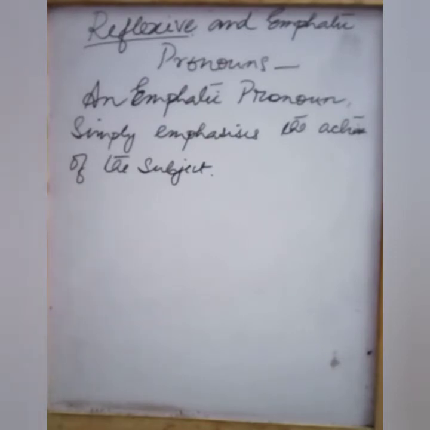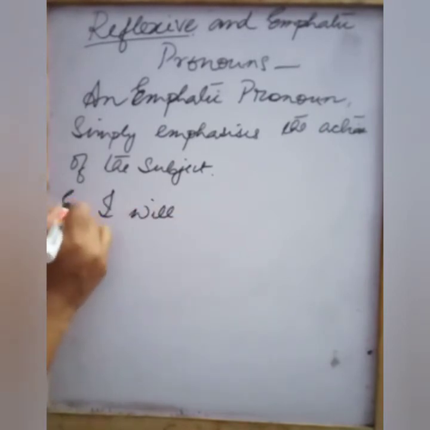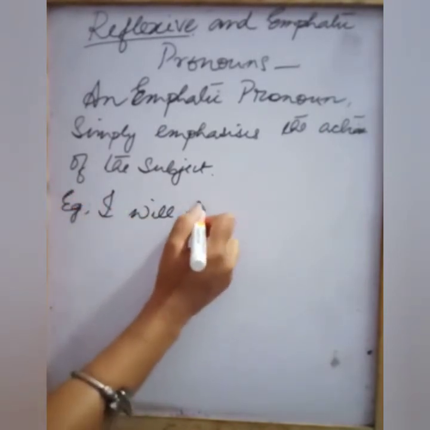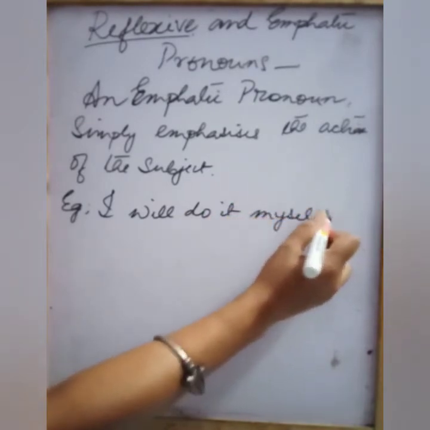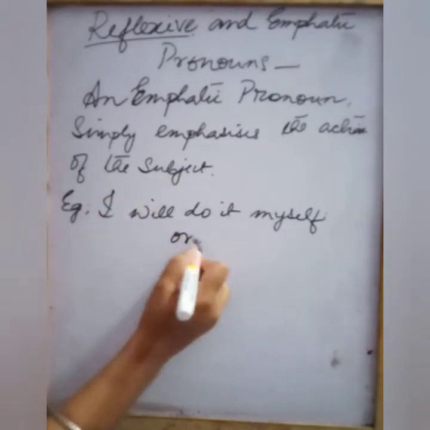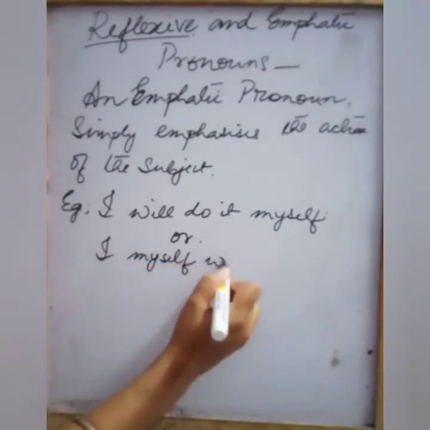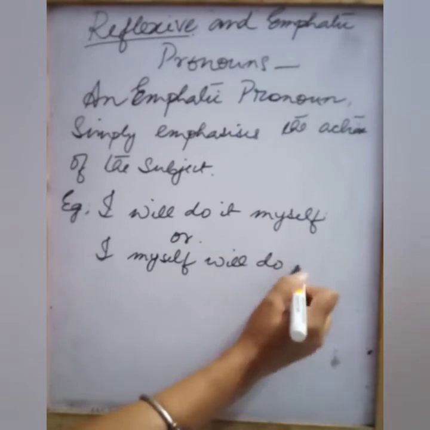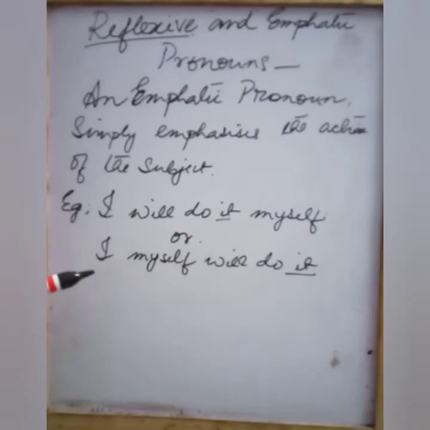Fine. Suppose I have to give an example: I will do it myself, or you can write, I myself will do it. Now see, this means something else. The object is something else, isn't it?